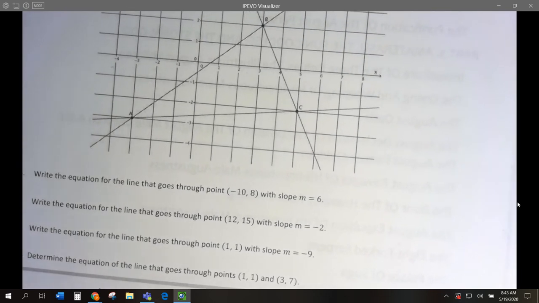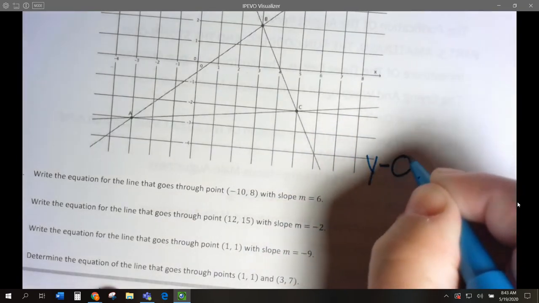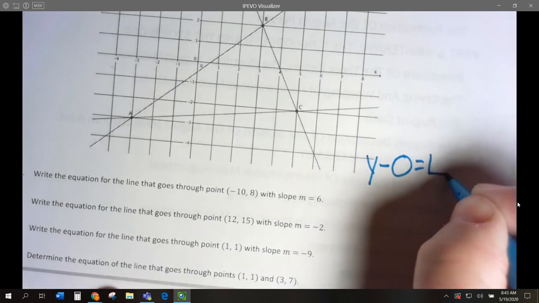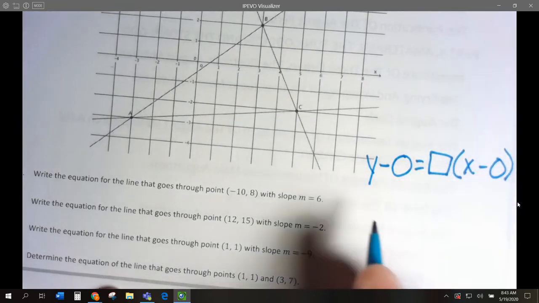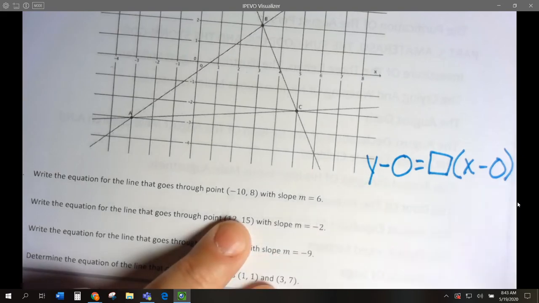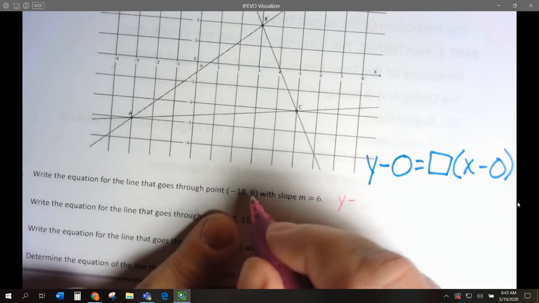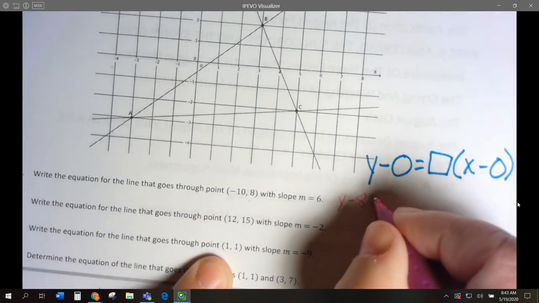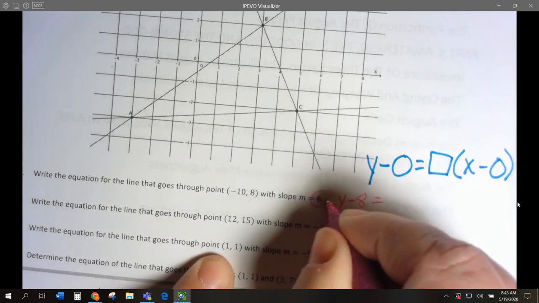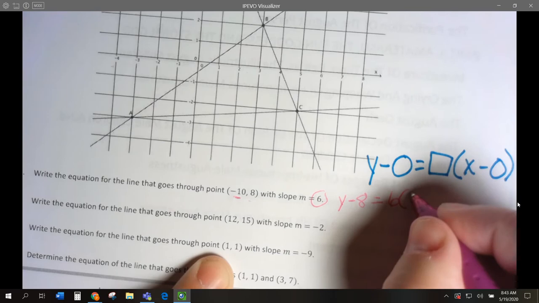Well, remember, y minus our y coordinate equals our slope times x minus our x coordinate. So we're going to have y minus, here's our y coordinate, 8, equals our slope of 6 times our x-coordinate, right?